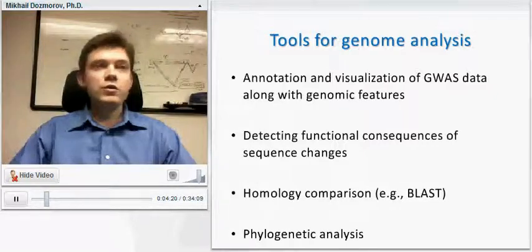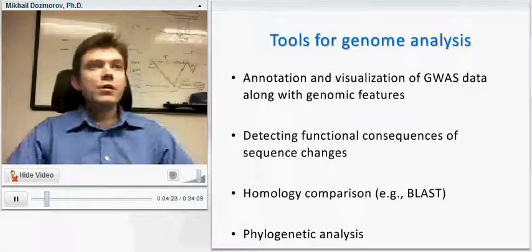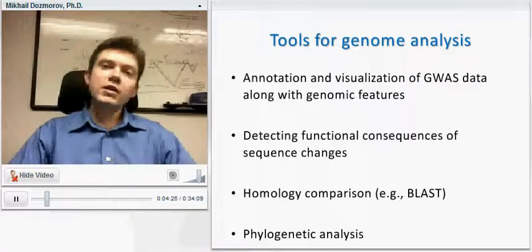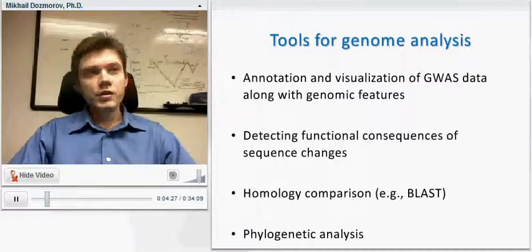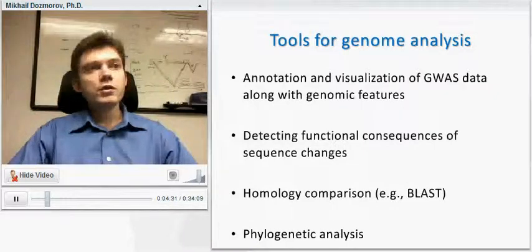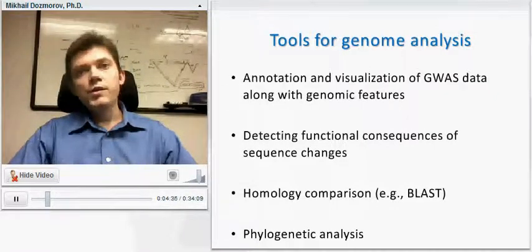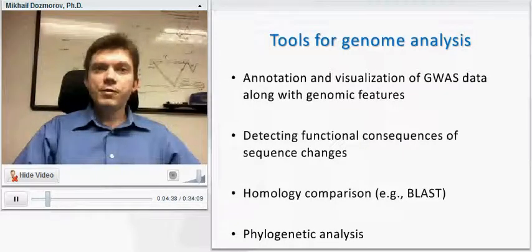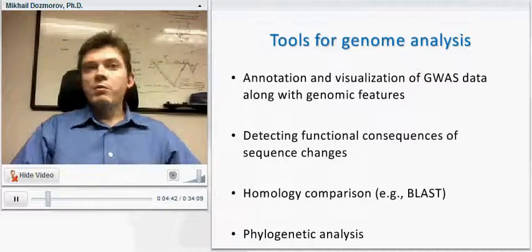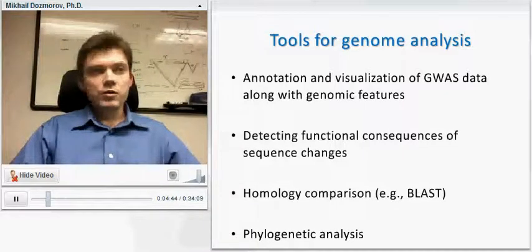We have great tools for genome analysis. We can visualize genome-wide data along with genomic features and interesting genomic elements. We can detect functional consequences of sequence changes. We can, for example, identify whether a SNP affects protein coding regions in a very bad manner, so the protein won't be functional.